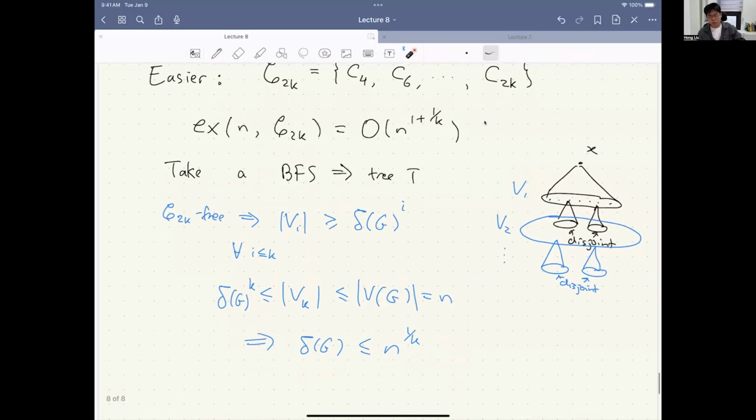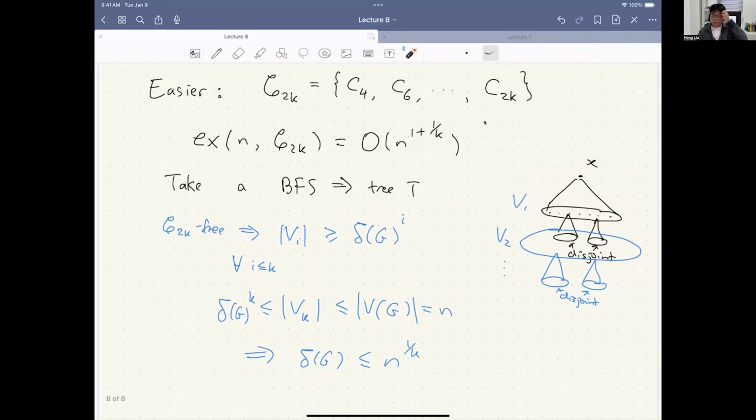An important remark here is that this already indicates where the difficult part of the bipartite Turán problem is. It's easy to forbid these graphs, and you can think of these as homomorphic images of the even cycle C_2k.